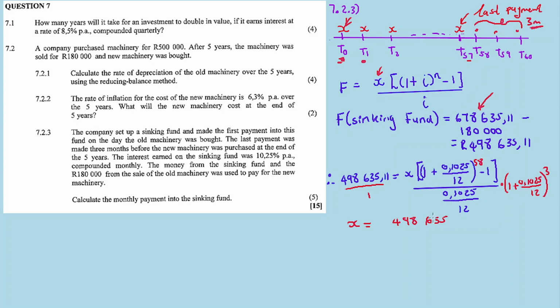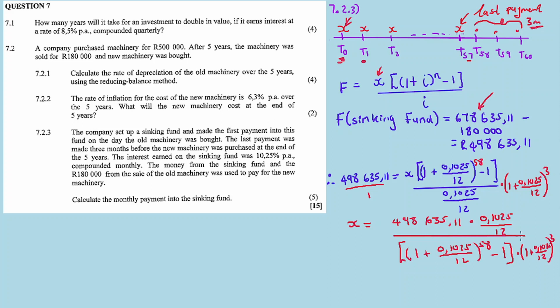498,635.11 times 0.1025 divided by 12, everything divided by the bracket 1 plus 0.1025 divided by 12, raised to exponent 58, minus 1 close bracket, and then you multiply by this bracket again: 1 plus 0.1025 divided by 12 raised to exponent 3.